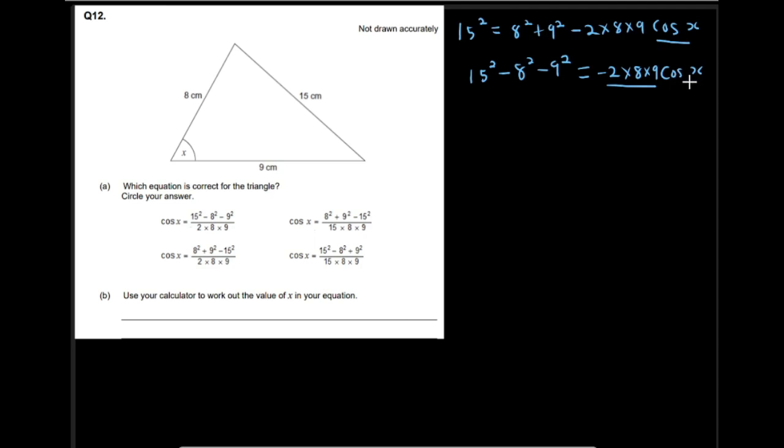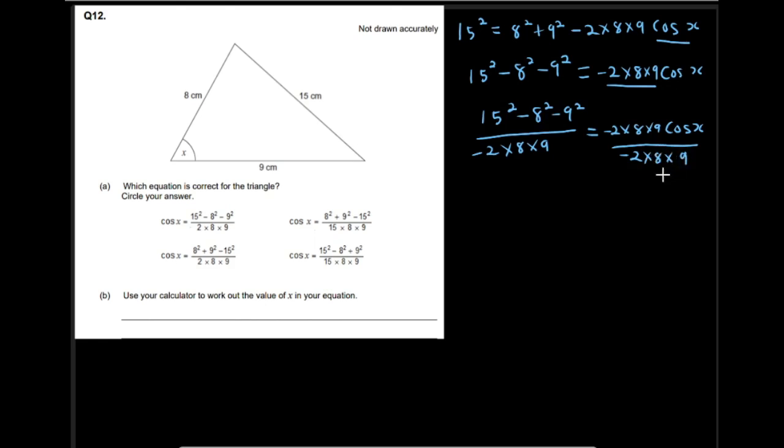They are all multiplying. Alright, so that will give us 15 squared minus 8 squared minus 9 squared divided by minus 2 times 8 times 9 equals minus 2 times 8 times 9 cos x all over minus 2 times 8 times 9.